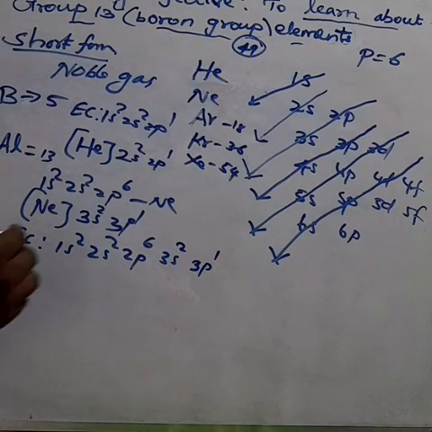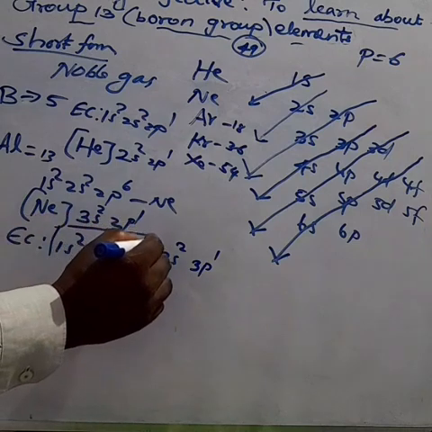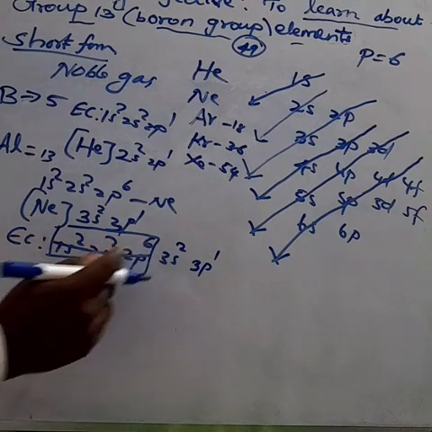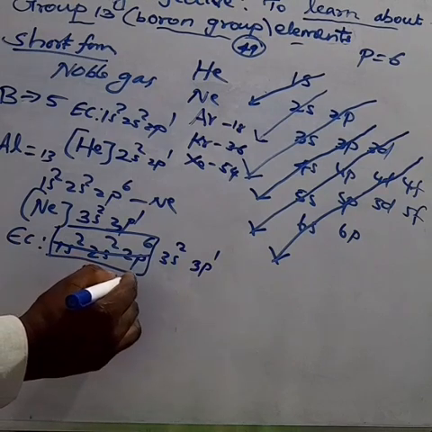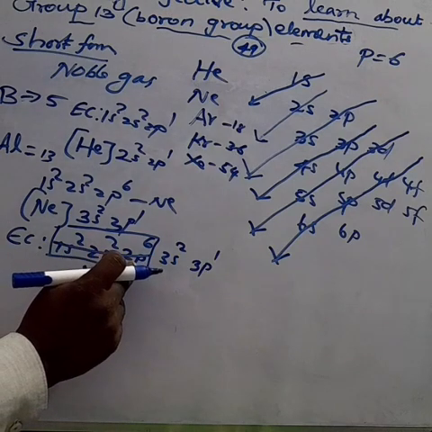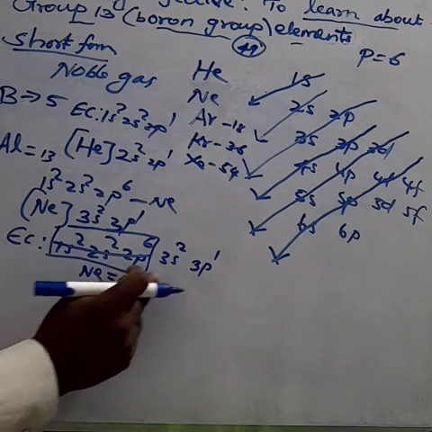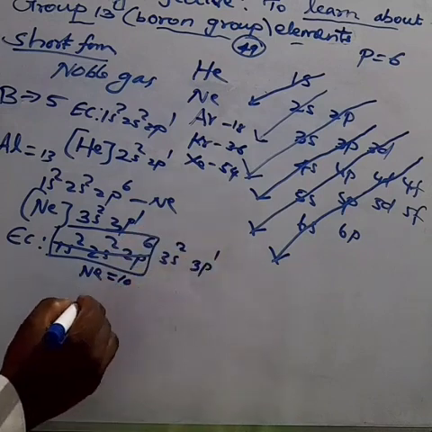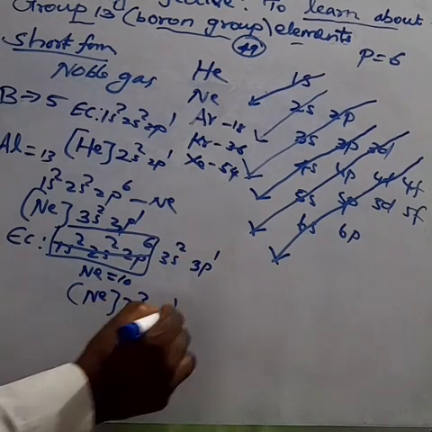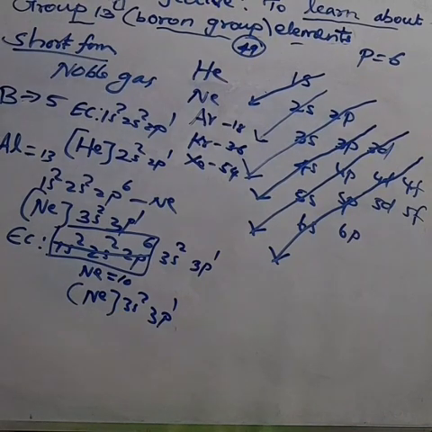So this much area goes to neon, because the atomic number of neon is 10: 2 plus 2 is 4, 4 plus 6 is 10. So 1s2, 2s2, 2p6 is completed. Remaining is 3s2, 3p1, which we write here. In this area you write neon, and remaining you write 3s2, 3p1.